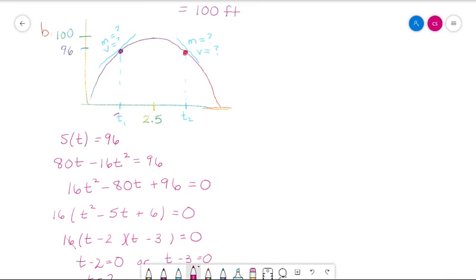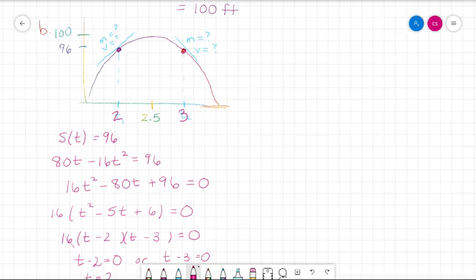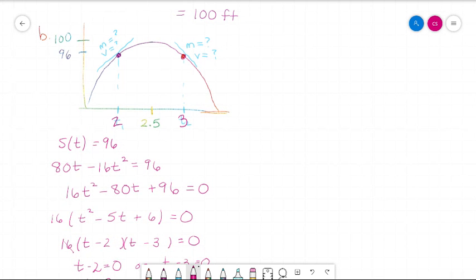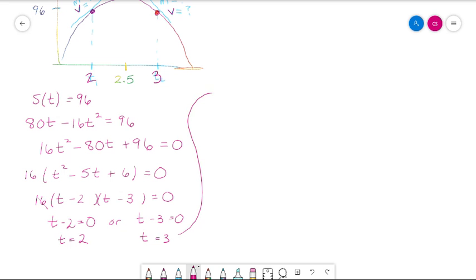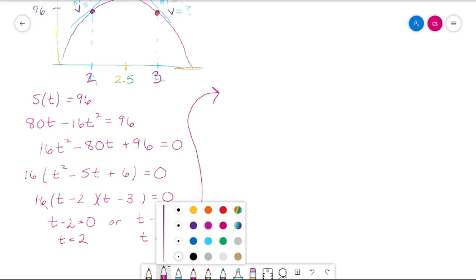At time equals 2 seconds, we are going up at 96 feet. And then at time equals 3 seconds, we were coming back down and we hit the 96 feet. So now that we know those t's, now we can figure out the velocity at those points. I'm going to write it right here. I'll use a different color.